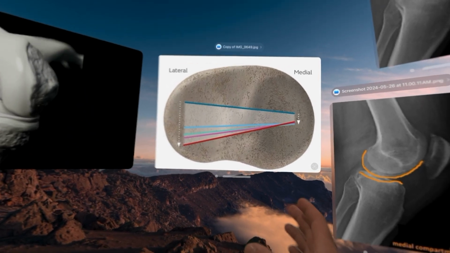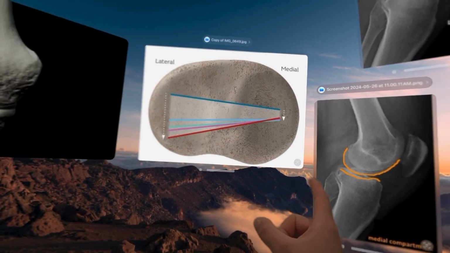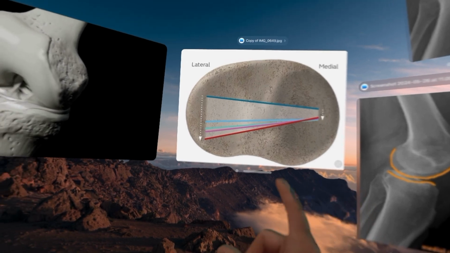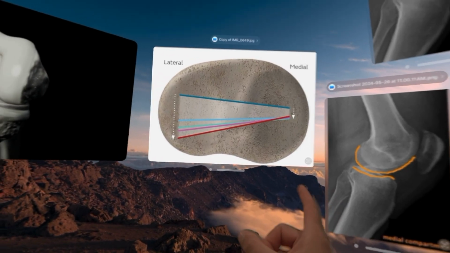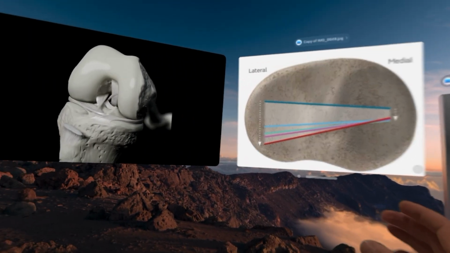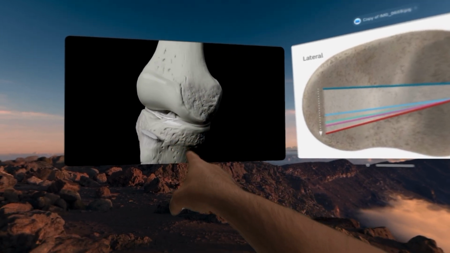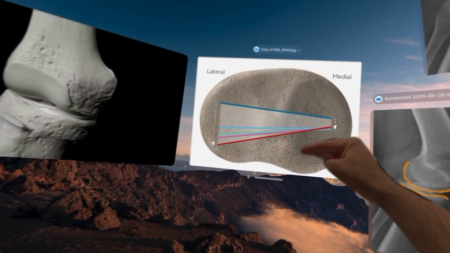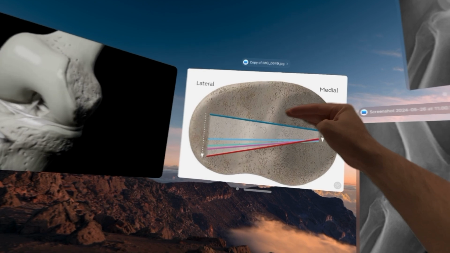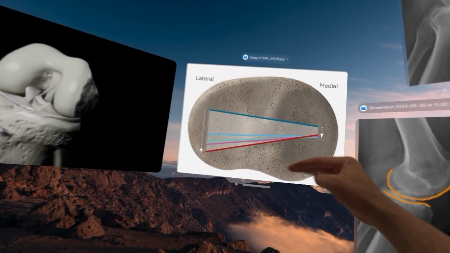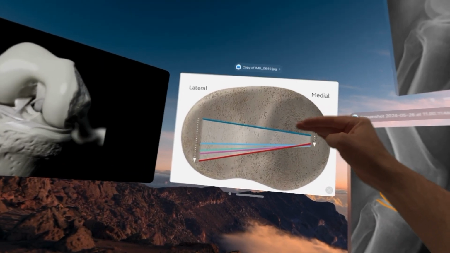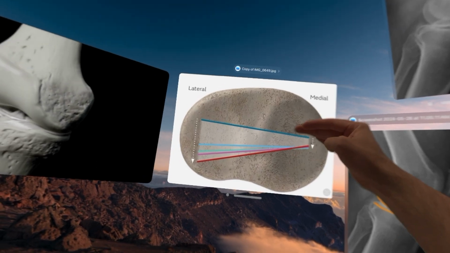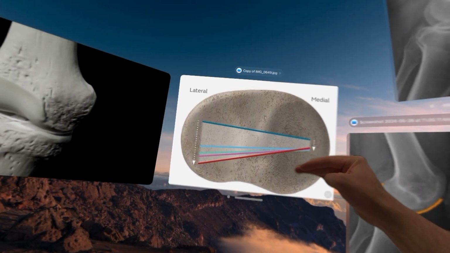And so if we look at this diagram right here, what you see is the medial side over here and the lateral side over here. And these bars represent the position of the femur relative to the tibia at different degrees of flexion. And so we go from extension up top to flexion back here. And what you see is throughout that range of motion, the femur rolls back on the tibia, right?